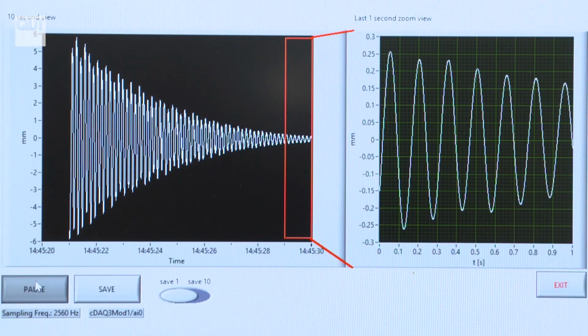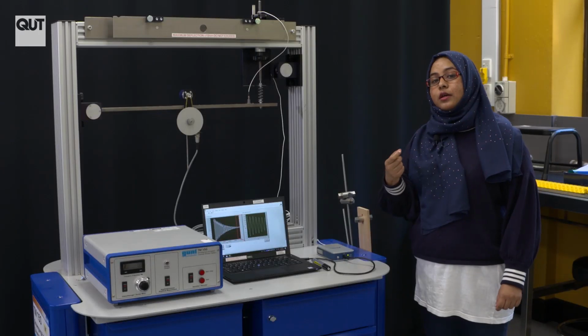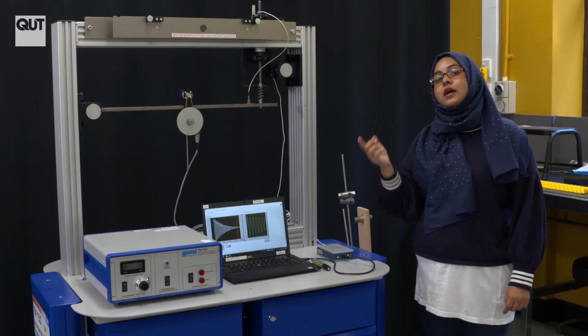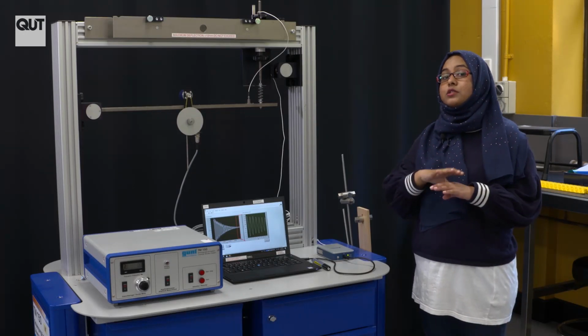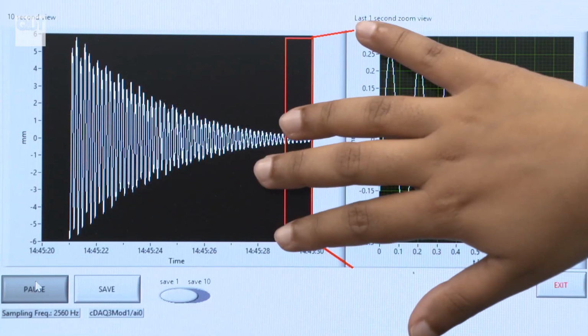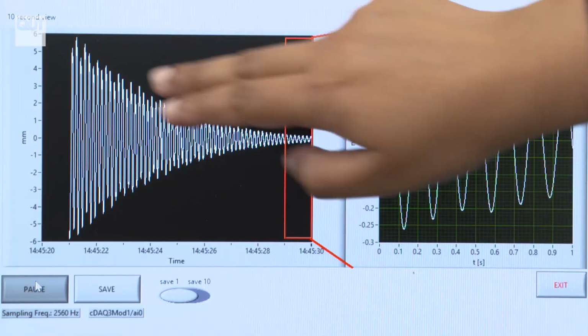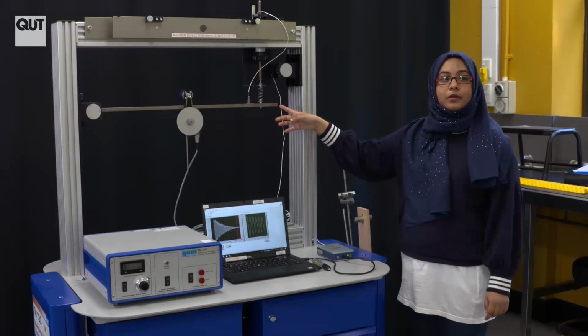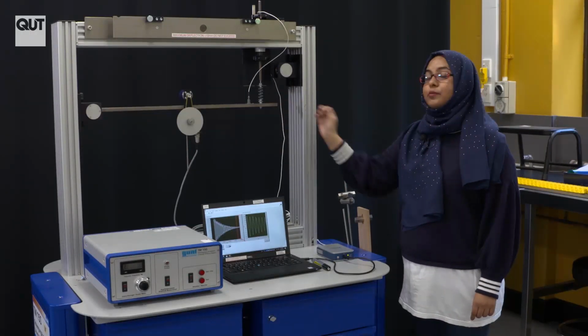If you remember, we theoretically expected that the system will behave like a sine curve. That means there is no reduction in the amplitude. However, if you look at this window, it reduces a lot. And if you look at the system now, it is stable at the moment.